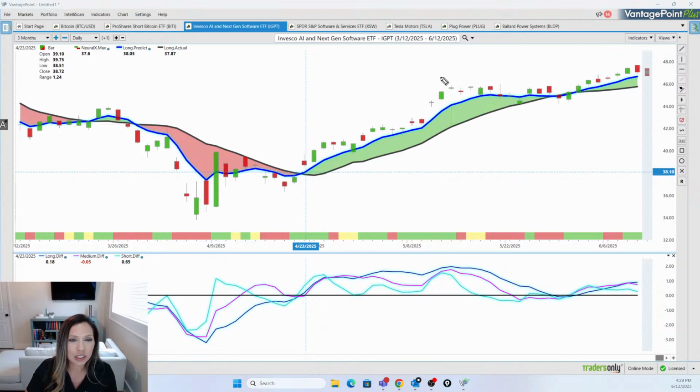So let's take a look at our trend. We've got our bullish crossover here, we've got our neural index here, bullish, and we've got our predictive differences going up. Fantastic, right? Easy enough. As long as this trend remains green, blue line over black, we're still in a bullish expectation. So where are we now? Well, we can see some bullish expectation, but we do have a little bit of weakness coming up here as well.